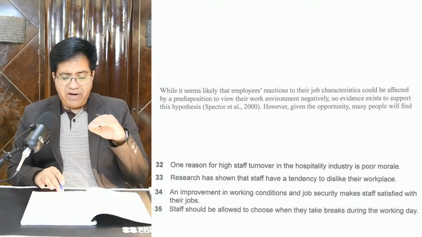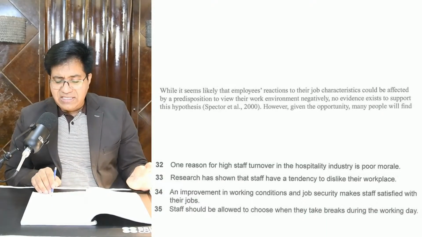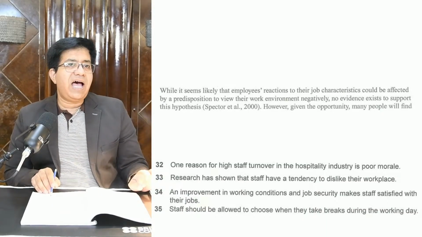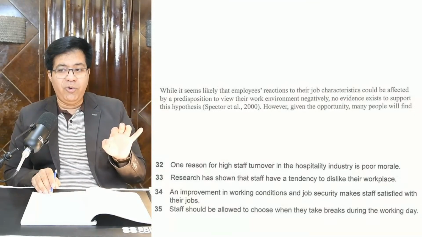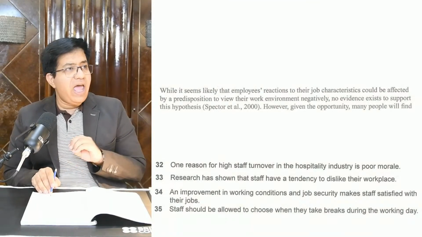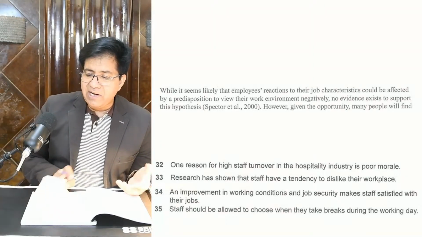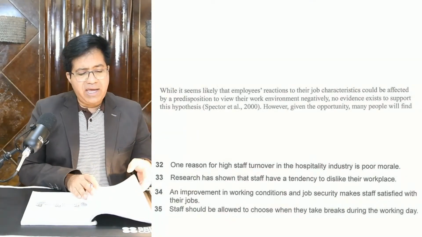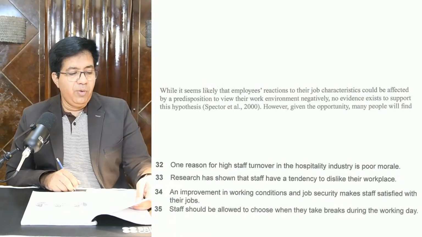Now this work environment negatively means their job place. No evidence exists to support this hypothesis. In the question they say research has shown. In the passage they say no evidence exists. It means there is no evidence for that. So when there is no evidence, how can they say research has shown it? What should be the answer? No. Well done.